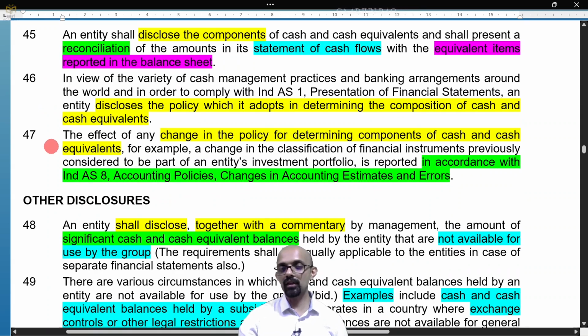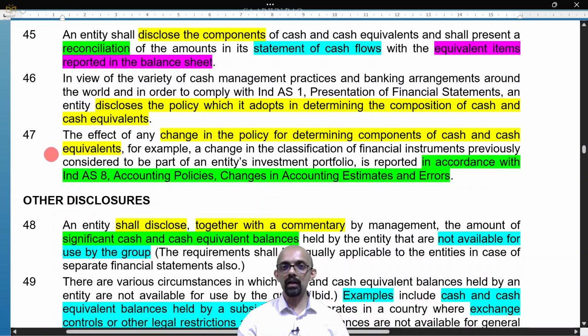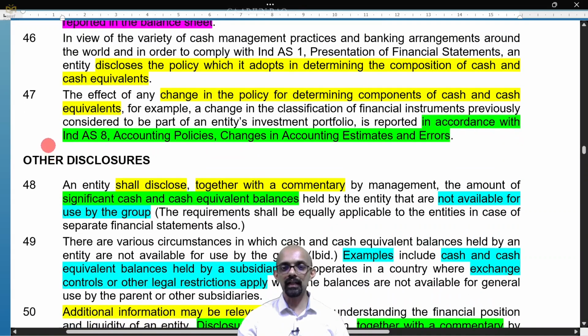And if you change the policy, so suppose bank overdraft is part of your cash equivalents and you change this year onwards, you are excluding bank overdraft from cash equivalents, then it is to be accounted for in accordance with Ind AS 8. That means retrospective restatement has to be done.